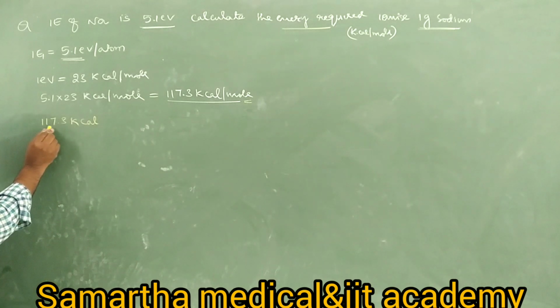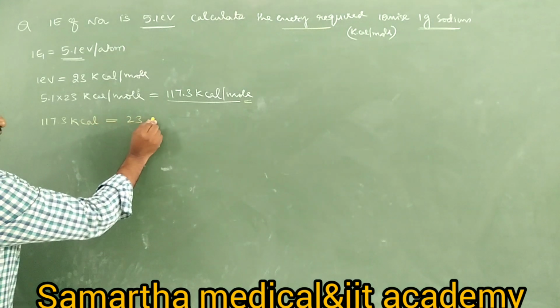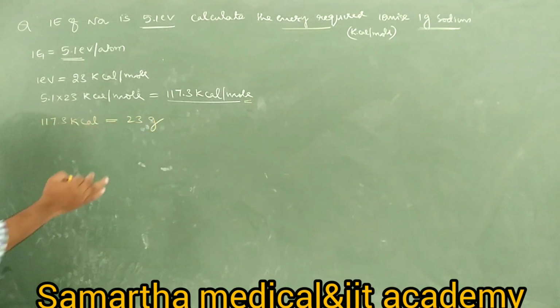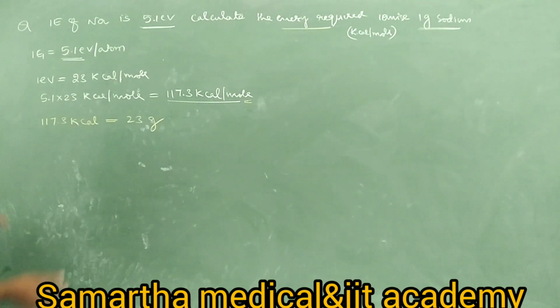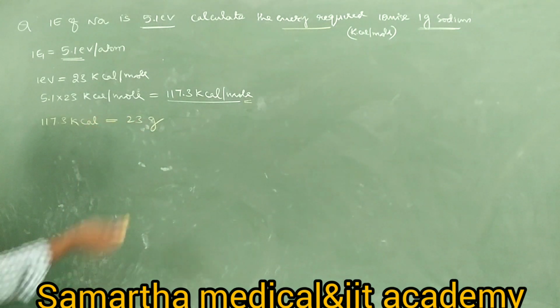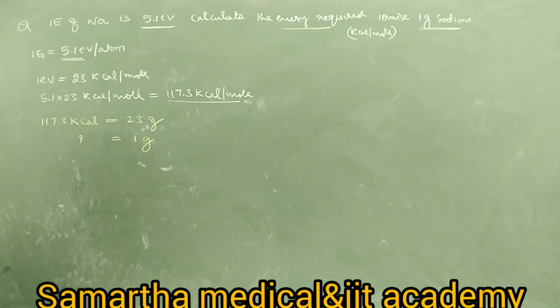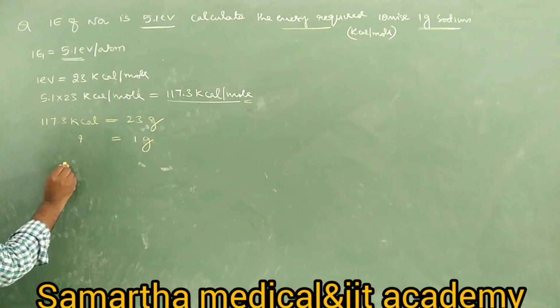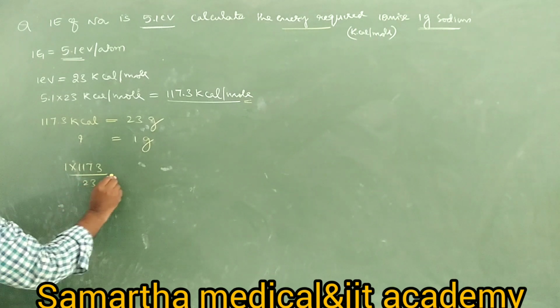That means 117.3 kilocalories is for 23 gram, because kilocalories per mole, and the atomic mass of sodium is 23, gram atomic mass is 23. So this much energy is required for 23 grams of sodium. But the question is, 1 gram sodium is equal to what amount of energy? It is 1 into 117.3 divided by 23.